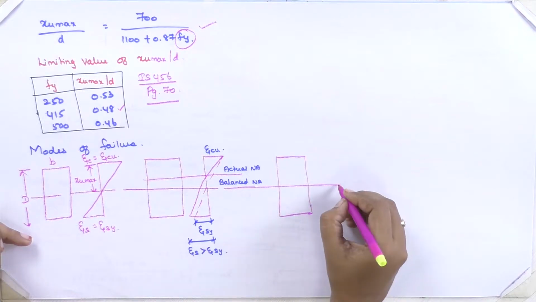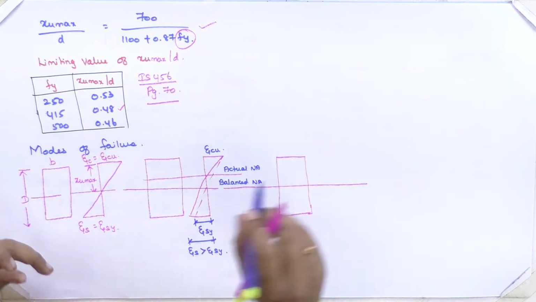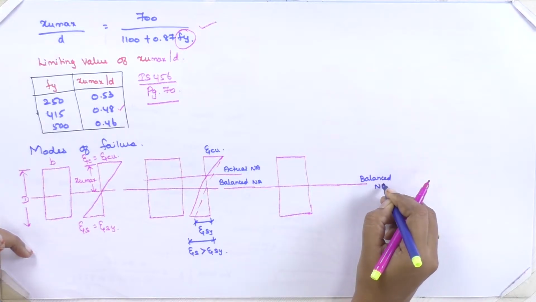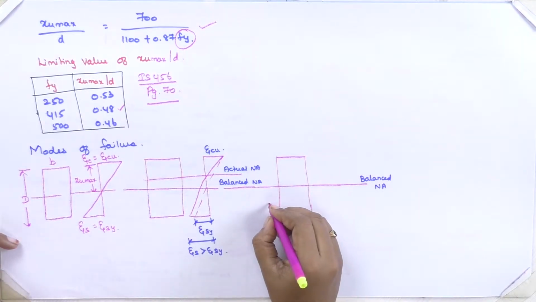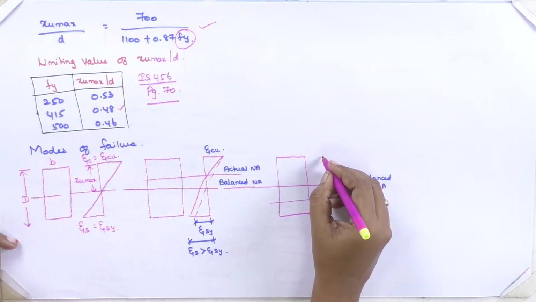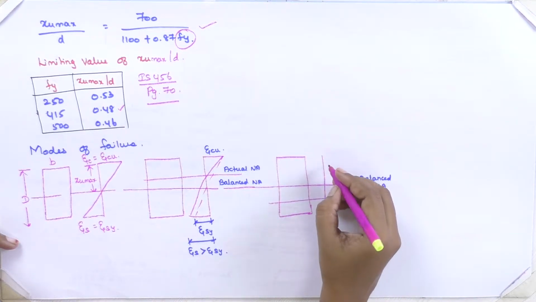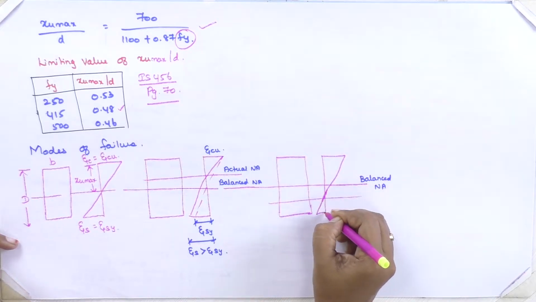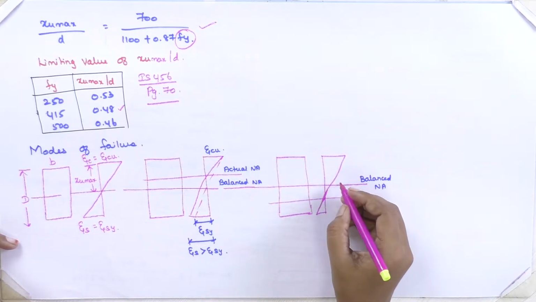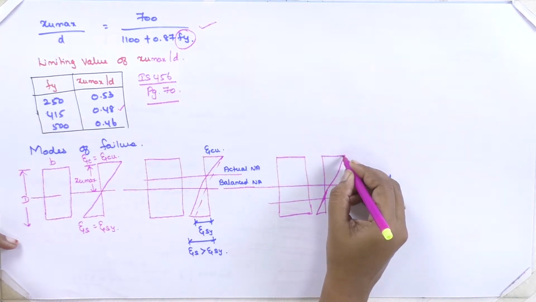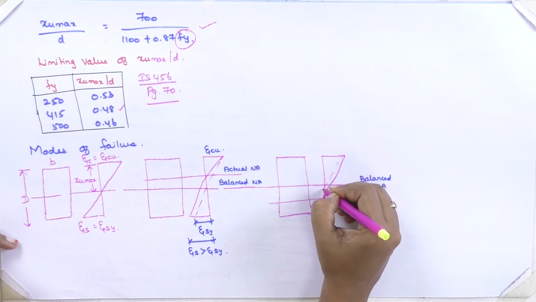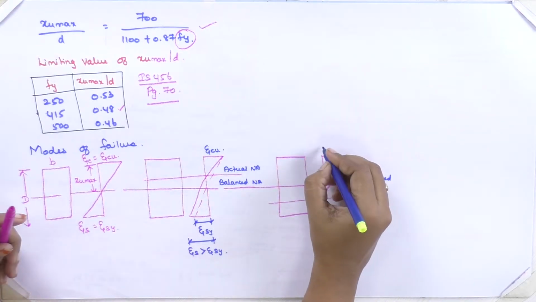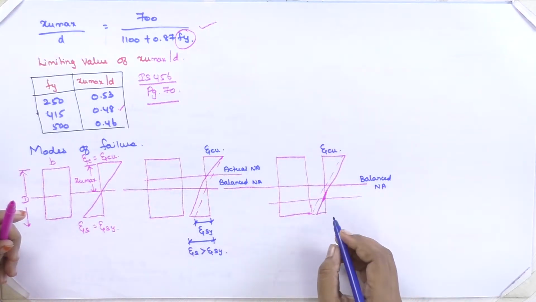same beam, this is your balanced neutral axis. When you are getting the actual neutral axis over here, this is epsilon Cu.